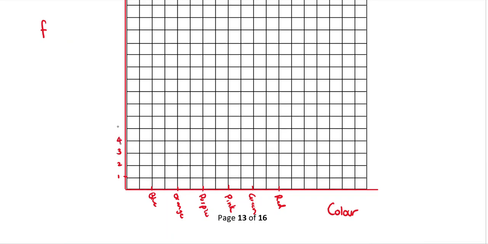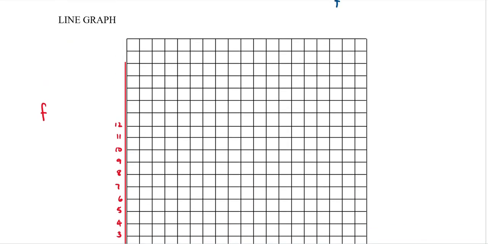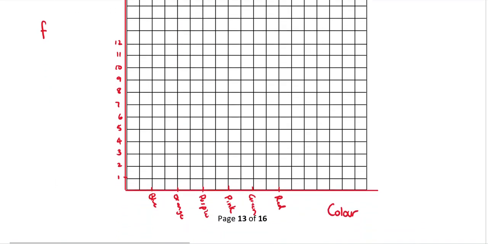And we're counting up to 12. Don't forget the title. 7R's favorite color.